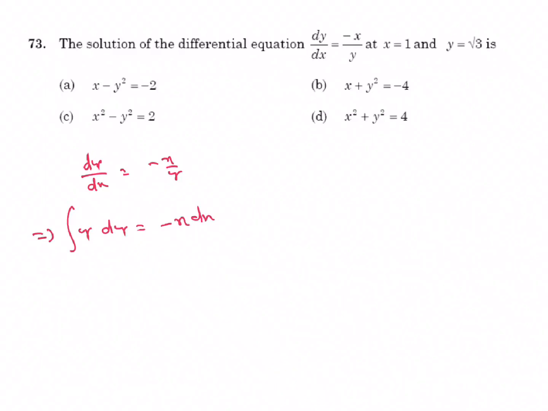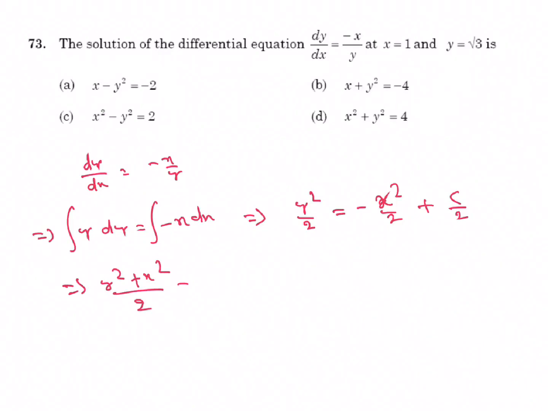Do the integration on both sides, plus c by 2 we will put. Then y square by 2 plus x square by 2 equal to c by 2. So y square plus x square equal to c.